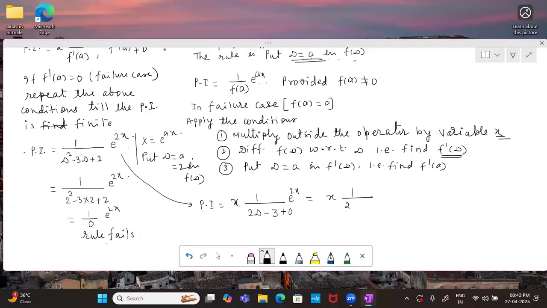So 2 into 2 minus 3, e raised to 2x. So it is x into 1 upon 1 into e raised to 2x. So finally PI is x into e raised to 2x. That is a particular integral. In the last step, it is free from D, so PI is complete.